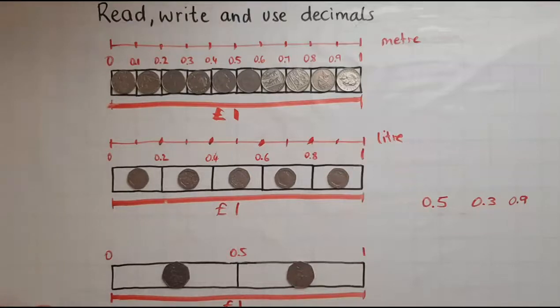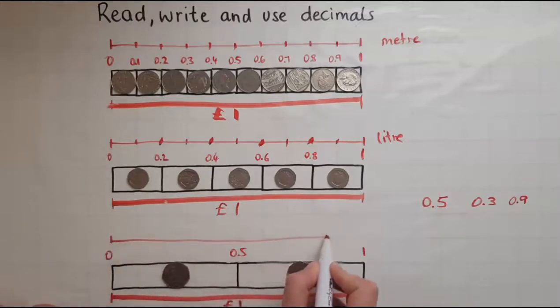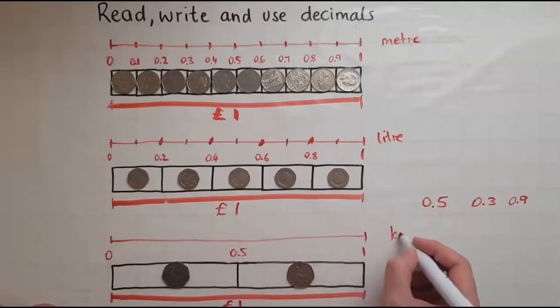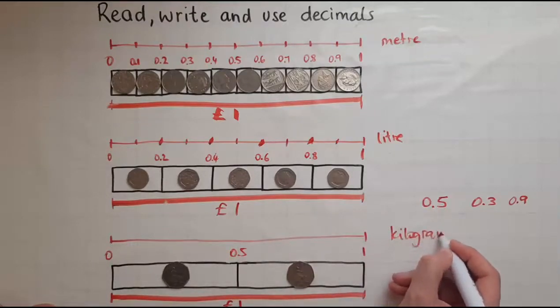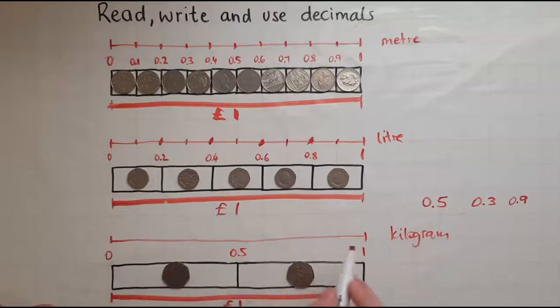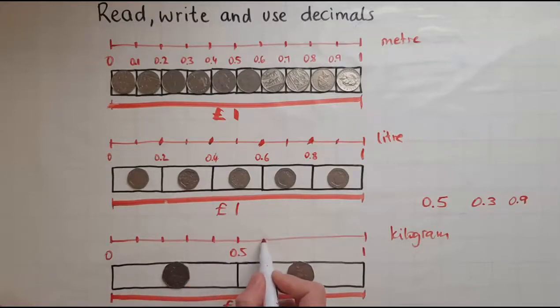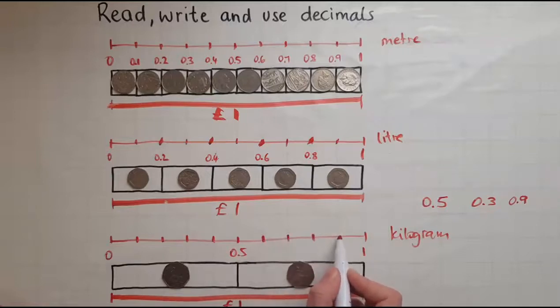And finally, if we look at kilogram. So that means that we start with 0 and we end with 1, and this would be 0.1 part of it, 0.2, 0.3, 0.4, 0.5 for a half, 0.6, 0.7, 0.8, 0.9, and finally 1 kilogram.